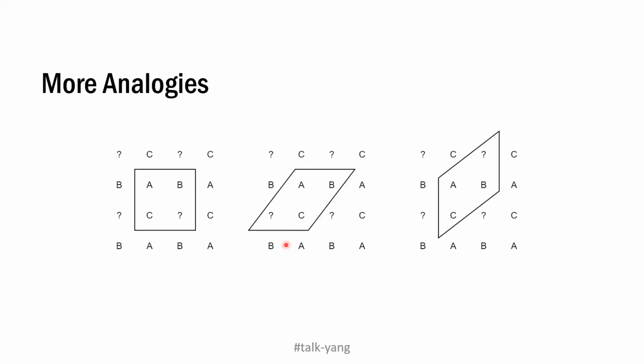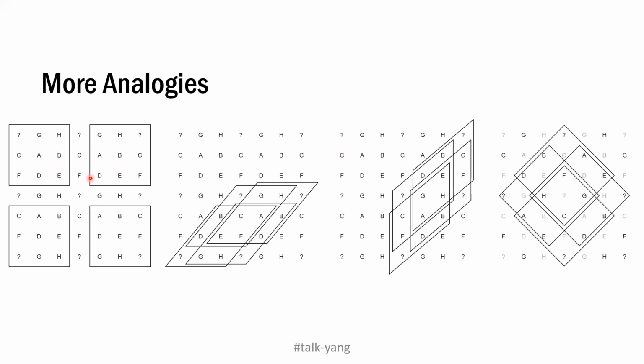The intuition behind this is that different shapes of quadrilaterals correspond to different spatial relations between matrix entries. And then we do the same thing on the 3x3 matrices to expand it to derive more and more analogies.